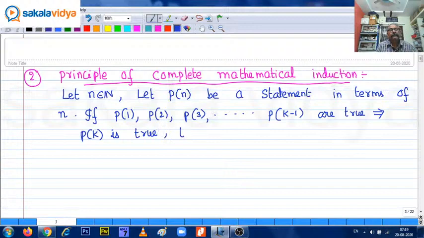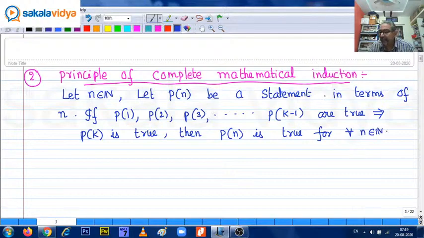Then P of n is true for every n belongs to N. This is called complete mathematical induction, but in most cases we use finite mathematical induction only. Sometimes we use complete mathematical induction. So this is complete mathematical induction.